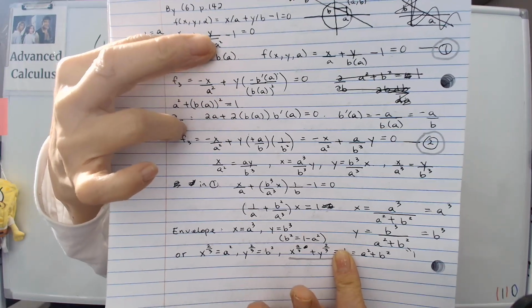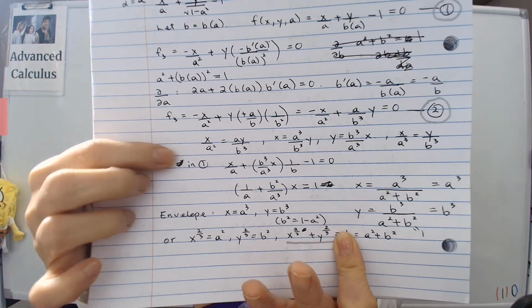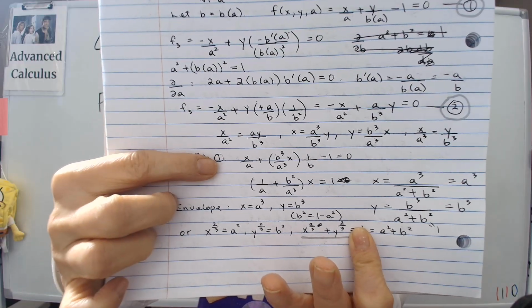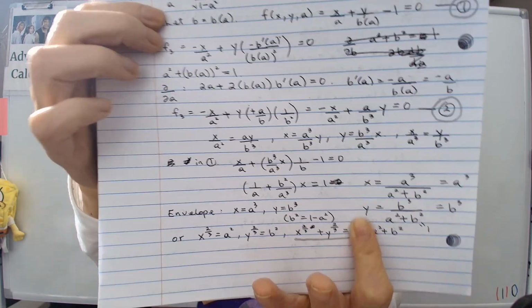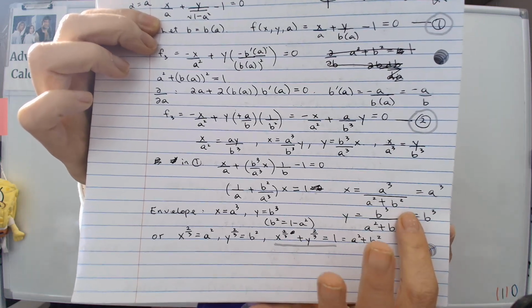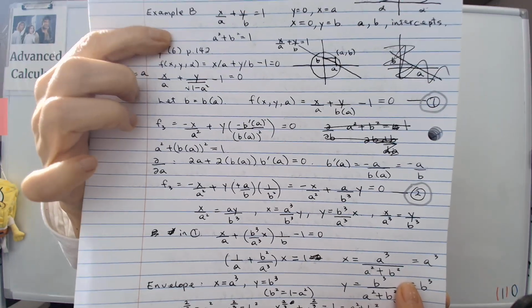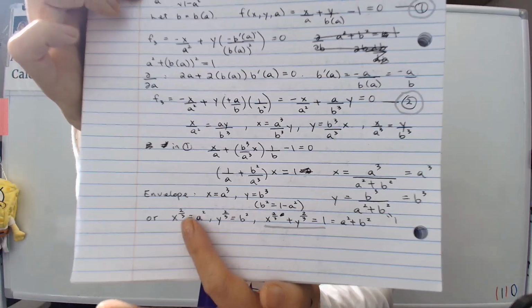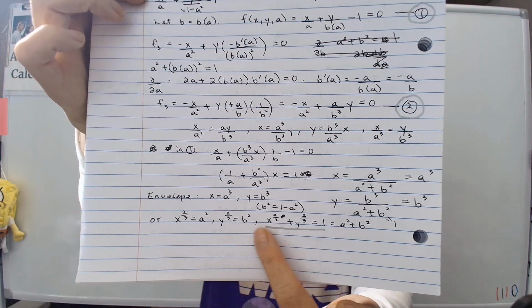Because these two are solved simultaneously, after some algebra, you plug it in there, and eventually here's what I got: x equals a cubed, because a squared plus b squared is 1, as we are given in the beginning. And y is equal to b cubed. Then we get some kind of relationship.